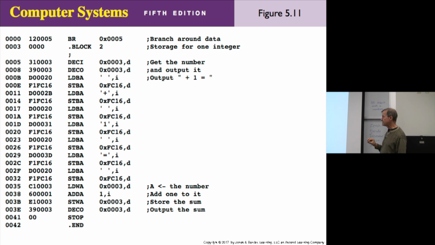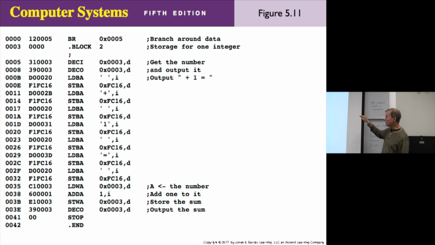All right? And then what the next instruction does is decimal input from where? From the input device, and puts it where? At what location? 0003, addressing mode? Direct. So that puts it there in that dot block region. So does everybody see?